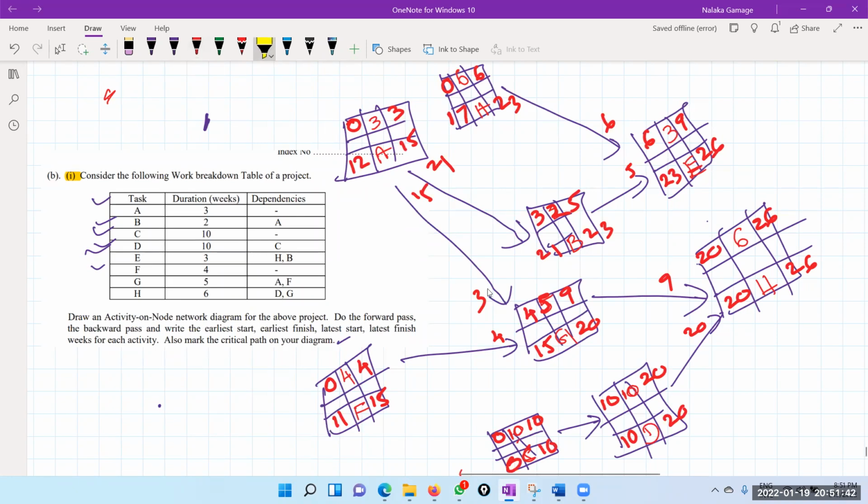So therefore this is critical. Others are not critical paths. They have the slack, but these 3 tasks don't have slack.